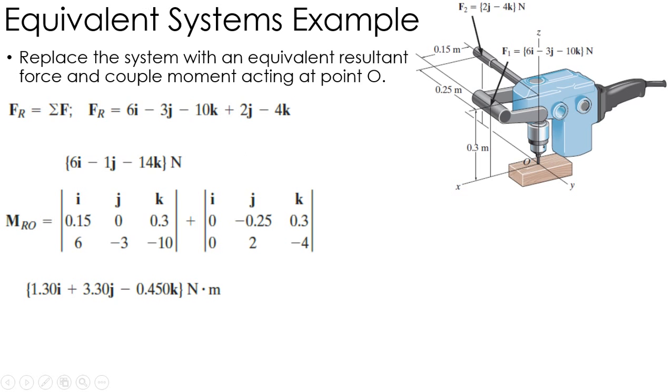Now, I could replace this system with a system acting at point O of a force of 6i minus 1j minus 14k, and a couple moment acting at point O of 1.3i plus 3.3j minus 0.45k, which would be the exact same external loads that it would be equivalent to having these two forces at these two locations.